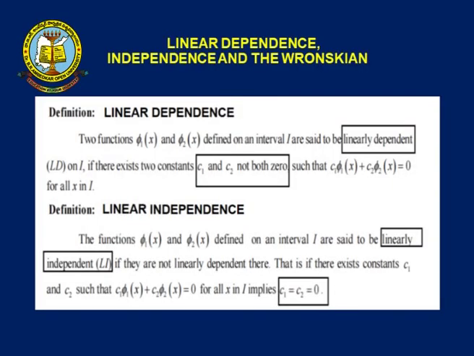Next is the linear dependence and independence case. We should remember that linear dependence means C1 and C2 are not both 0 when the function C1 phi1(x) plus C2 phi2(x) equals 0. If C1 phi1(x) plus C2 phi2(x) equals 0 with C1 equal to C2 equal to 0, then it is called linearly independent. To distinguish the cases, we take the first derivative of C1 phi1(x) plus C2 phi2(x) equals 0, solve both equations, and get C1 and C2. If C1 and C2 are not both zero, it is linearly dependent; if both are zero, it is linearly independent.